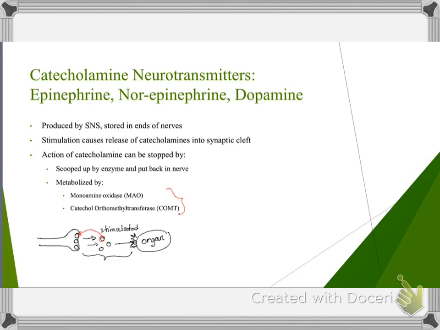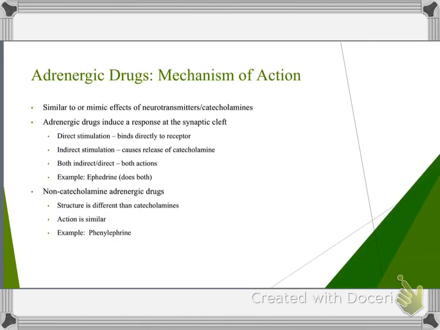So it's either or. They're either going to be scooped up to be reused, or they're going to be metabolized by MAO or COMT to be dissolved, to be gone, okay? Which is important when you talk about MAO inhibitors, okay? They're actually preventing these neurotransmitters from being metabolized. So it's kind of an interesting thing.